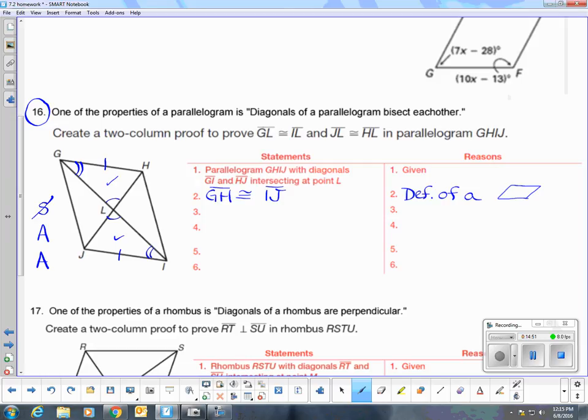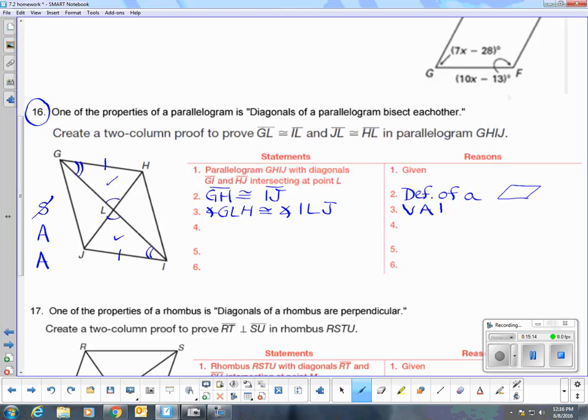All right, the first pair of angles we said that are congruent are the vertical angles, and that would be angle GLH is congruent to angle ILJ.